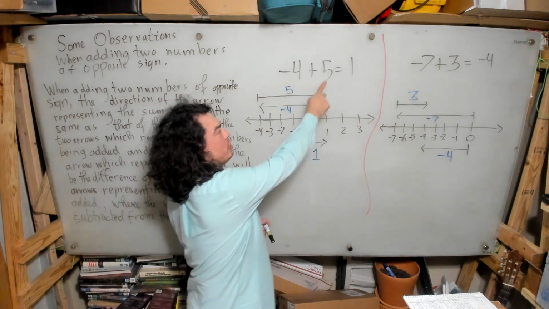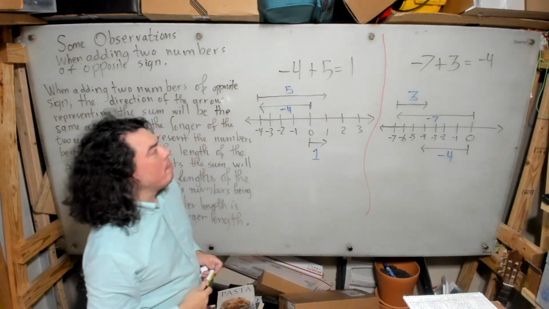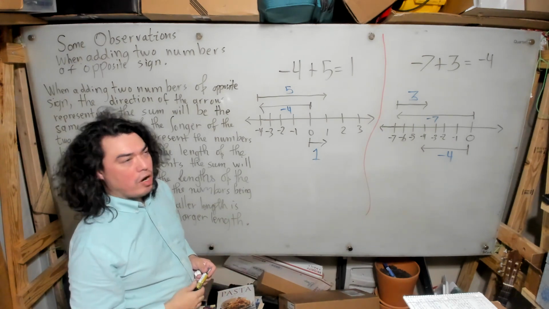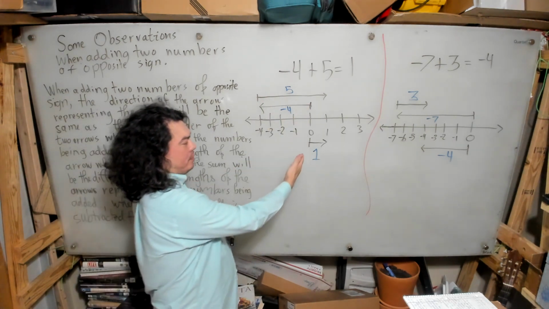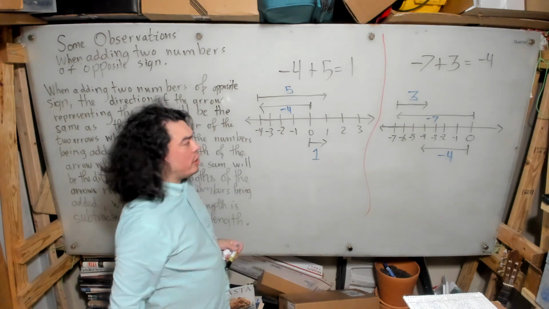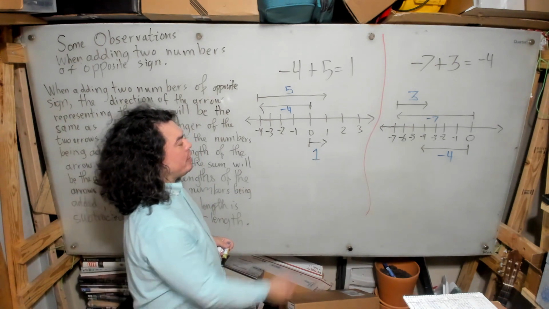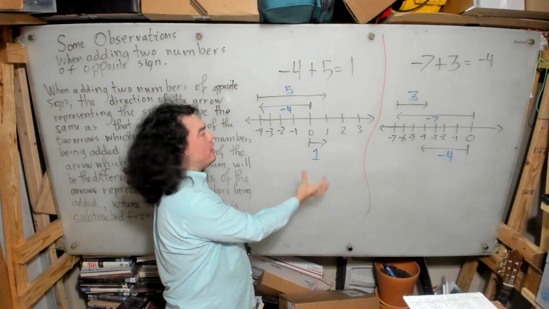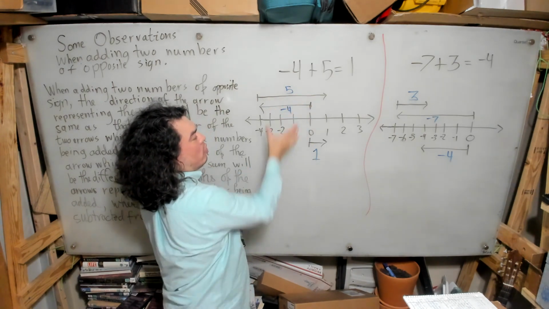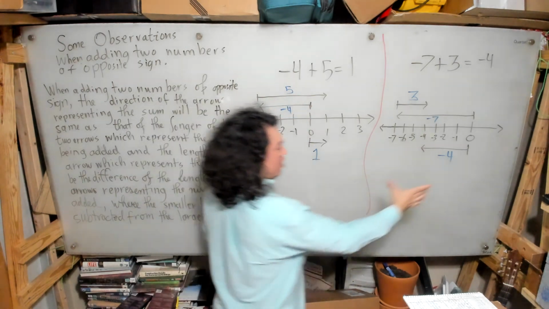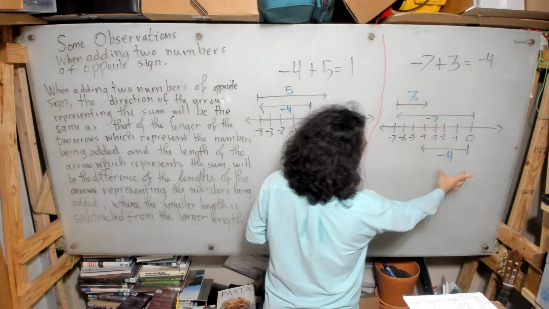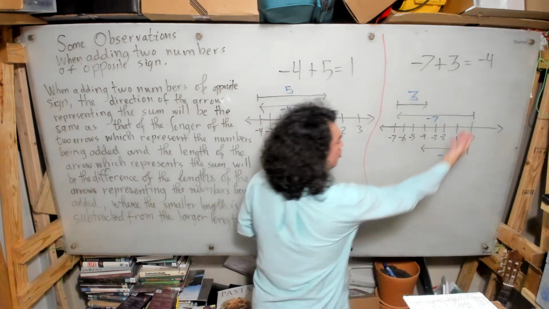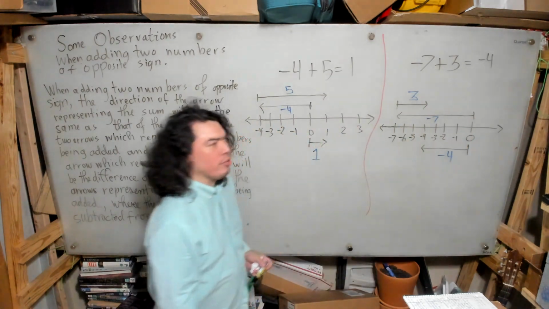And that will correspond to the positive, because this one would have the longer arrow, and we can see that visually here. And we can see that it is in fact the direction of the sum. And also we can see that its length, the 1, is exactly 5 minus 4. All right? And then here, this one has length 7 minus 3, which is 4. Right? And it's in the direction of the arrow which is longer.